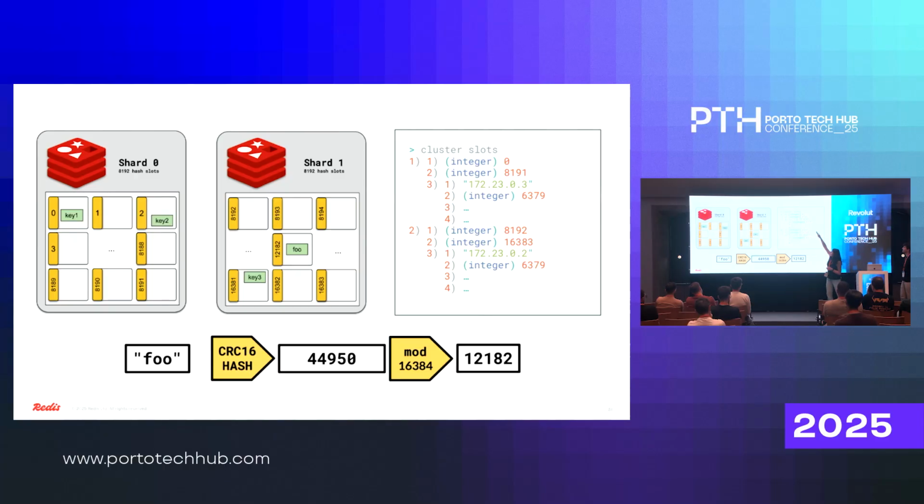It's going to keep some kind of map where the first range from 0 to 8,000 is on this IP address, 8 to 16,000 on this IP address or port. So when the client needs to do a set, it gets to this number, compares it to this range, and finds the IP address of the shard where it needs to connect.